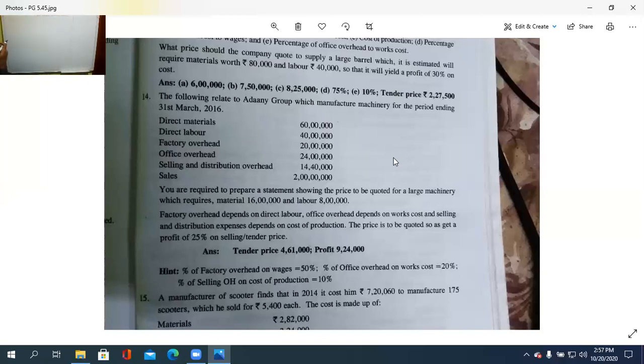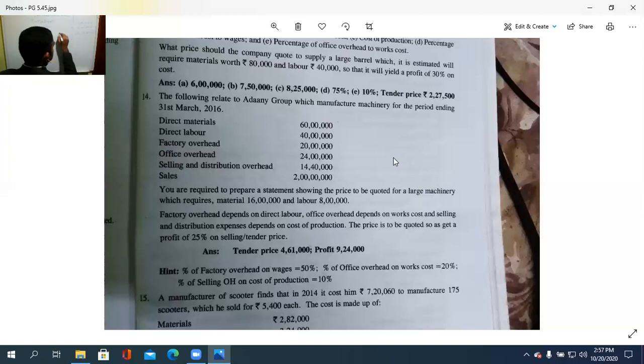Direct material, 16 lakh. Then direct labor, 8 lakh. So it is 24 lakh. What is that?